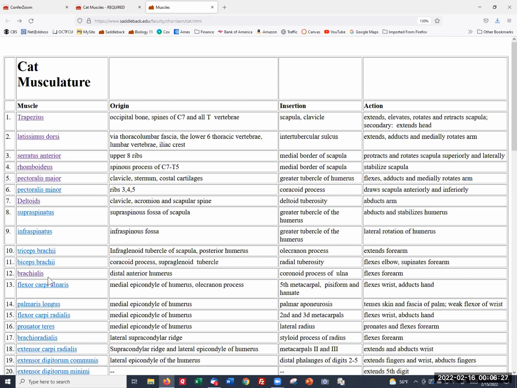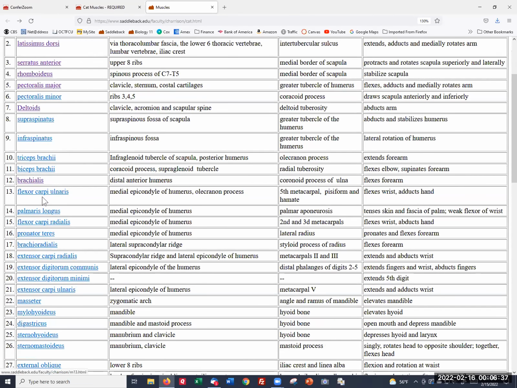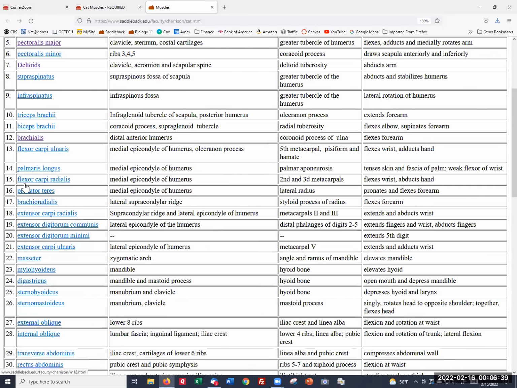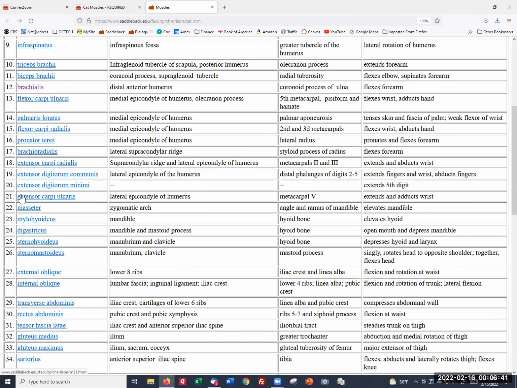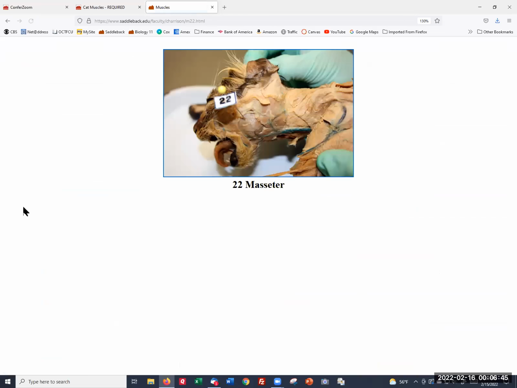Okay, that takes care of looking at 1 through 12. So also then, not only on the human muscle, but on the cat muscle, 1 through 12. And then we'll come down to the last ones, starting with the masseter.